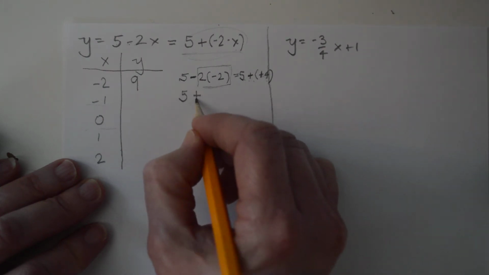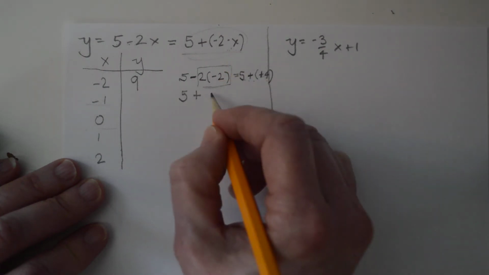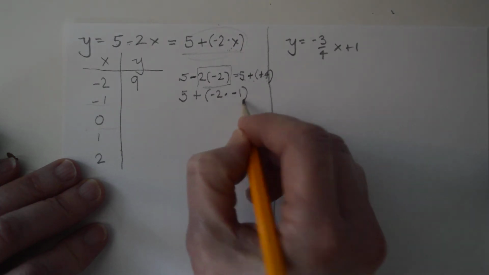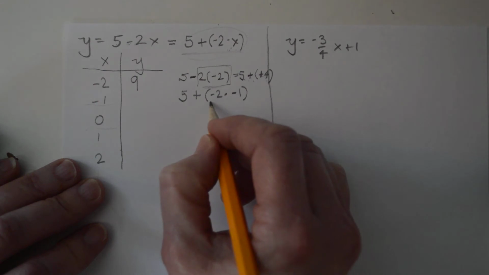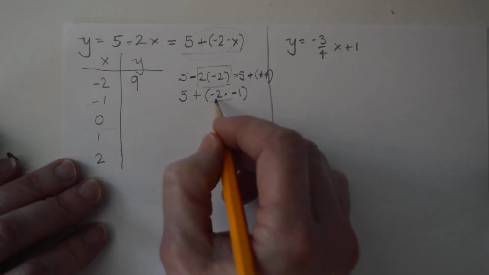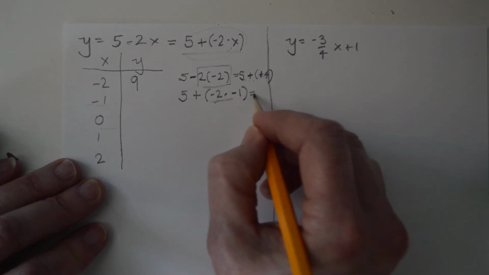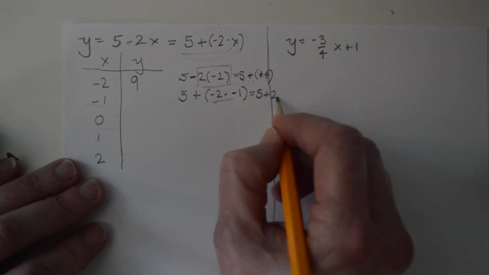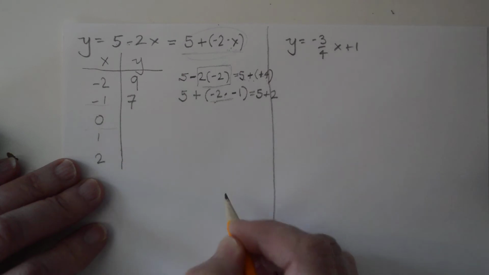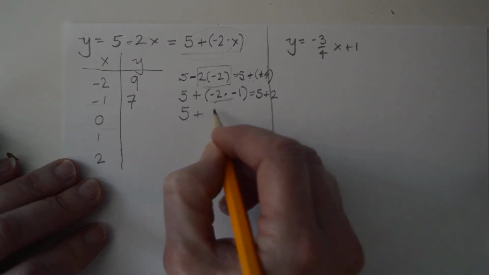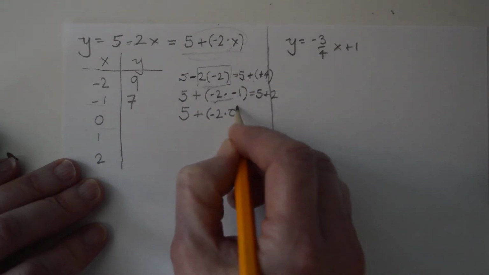So this next one is -1. I'm going to do 5 plus, because I'm using this form, -2 times -1. I do the multiplication first because of order of operations. -2 times -1 is +2. So this becomes 5 plus 2, which is 7. The next one is going to be 5 plus -2 times 0.